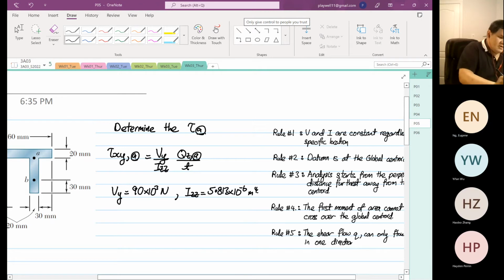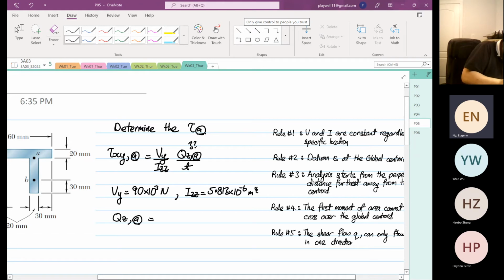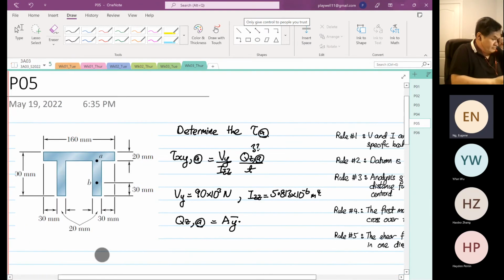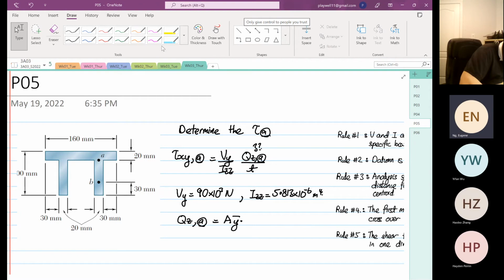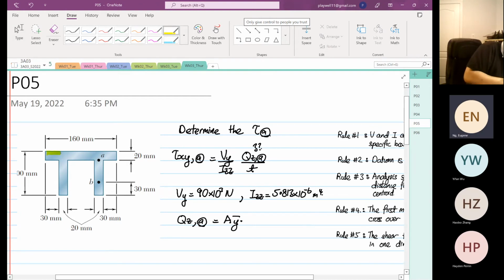Okay. The next difficult part in this course is what is our Qz at point A. Qz at point A is equal to A y bar. If you look at A, I'm going to draw, this is the area that we have to find, the first moment of area of this yellow section.